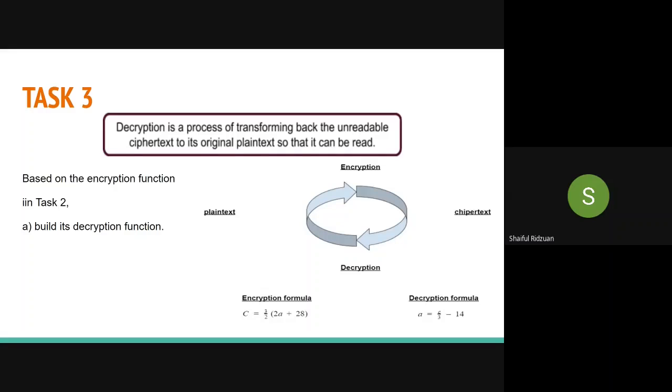The encryption function is C equal to 3 over 2 times (2A plus 28), but the decryption function is A equal to C over 3 minus 14. So how did we get the formula? Next, I will prove it.